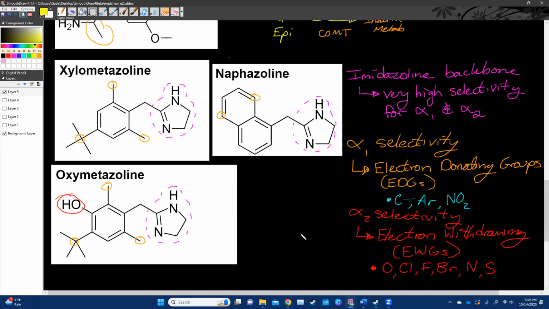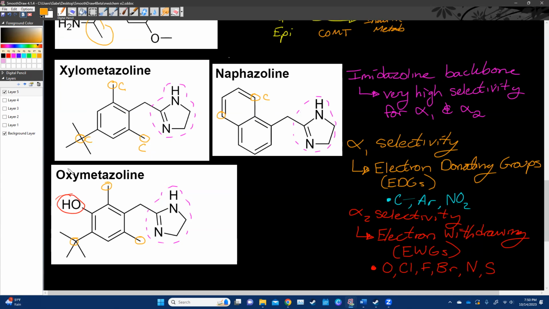What makes an electron donating group is the thing connected to our benzene ring. So here's our benzene ring. What's connected to it? The next bond is a carbon. Carbon right here. Same thing here. What's next? Carbon, carbon, carbon.